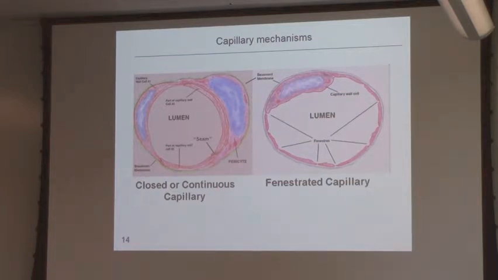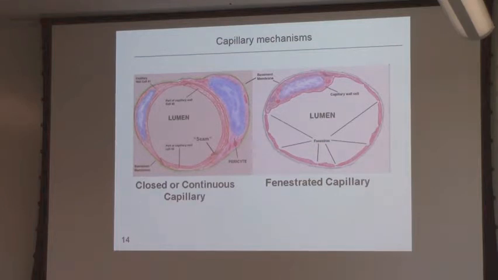Fenêtre, or something like that, is the French word for window. I'm just saying that it's leaky, that there are leaky capillaries. And as you did in lab last week, we talked about how the capillaries in the lungs, remember that in the heart failure case, the lungs were filling up with fluid because pulmonary capillaries are leaky.